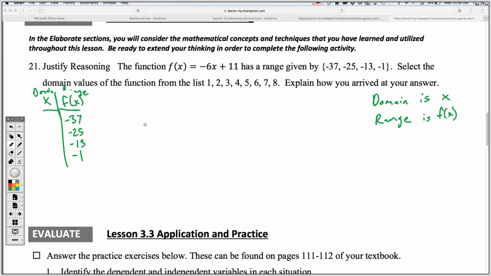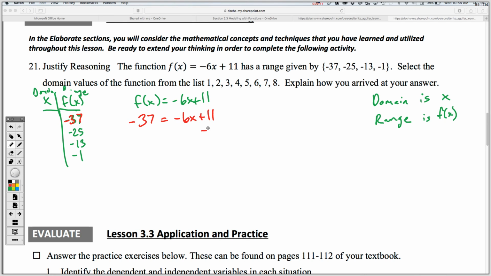Reason why that helps is when I'm trying to solve for this problem, notice that I don't know what the x is, but I know what the f of x is. So I'm going to take this negative 37. Do you think I'm going to plug it in for the x? No, because it's in the f of x column. So I'm going to plug in negative 37 here. And now solve. Because I'm going backwards. I have this range. I'm going to find the domain.